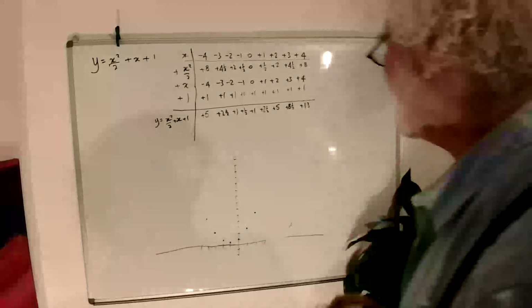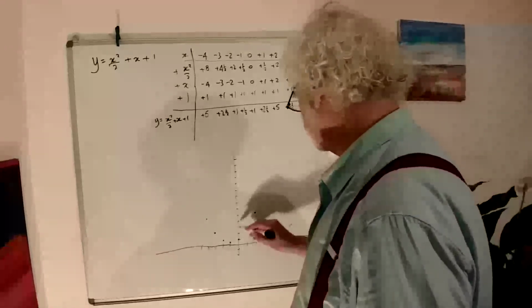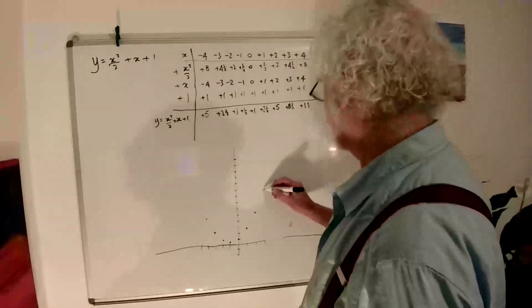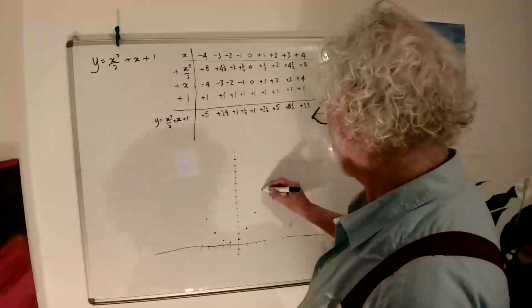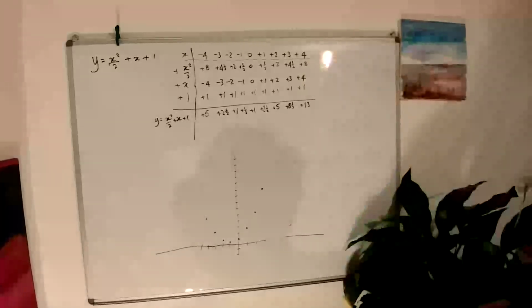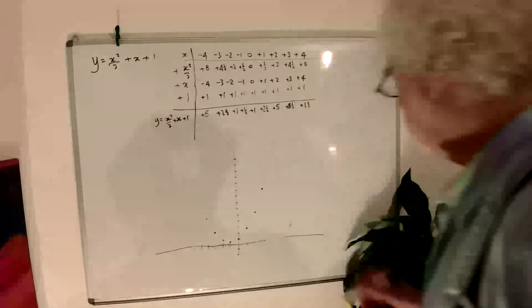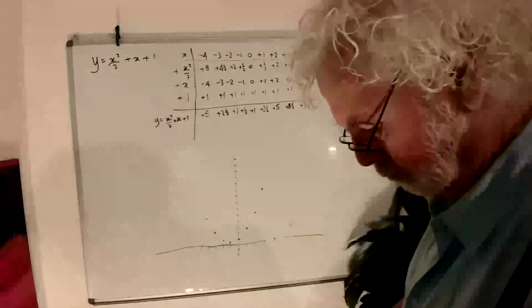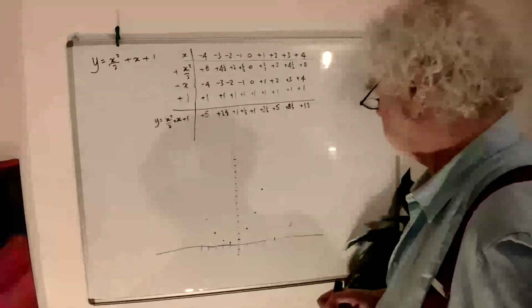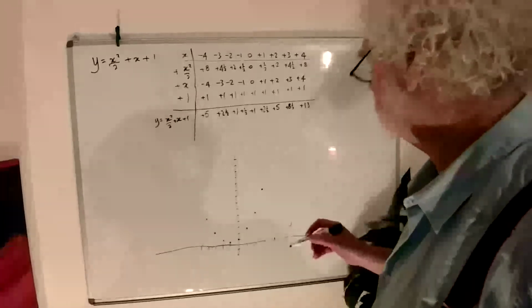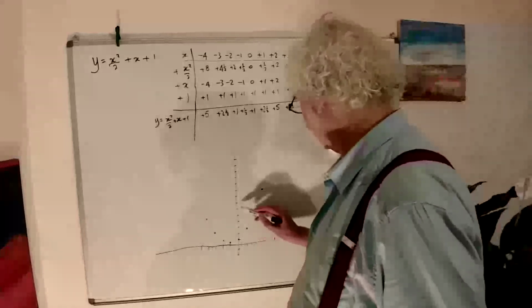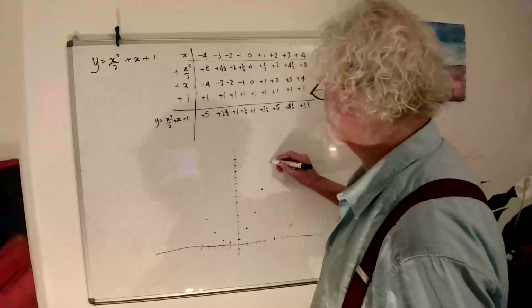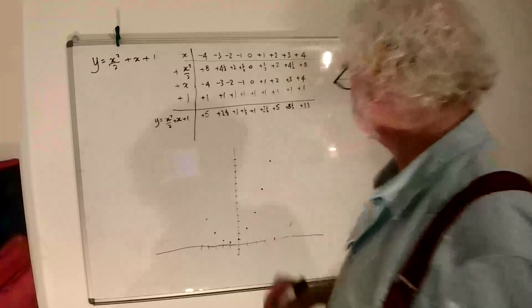When x equals 3, 8.5. When x equals plus 4, what? 13. 4, 5, 6, 7, 8, 9, 10, 11, 12, 13.